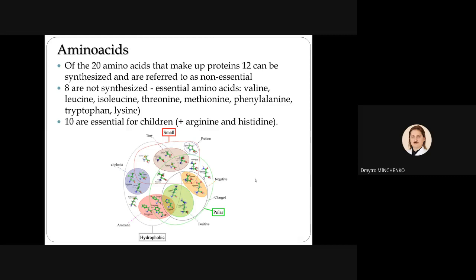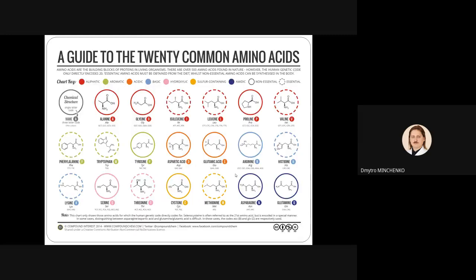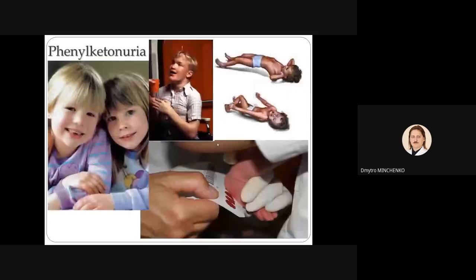This includes arginine and histidine. This is in brief a guide to the 20 common amino acids. Please take a look. This shows the various classifications by which we classify amino acids into various groups based on their chemical properties.